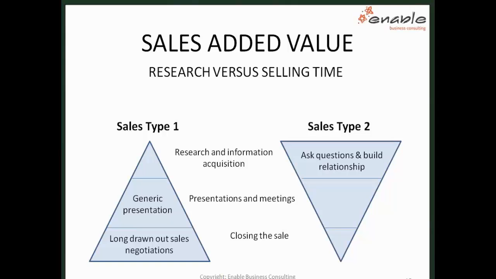In Type 2, the research side, the building a relationship, the questions, doesn't have to be done by the principal. That can be done by the team, freeing up yet more of your time for doing other things, and the final closing of the sale is relatively quick because your team have put together a really well-tailored presentation.